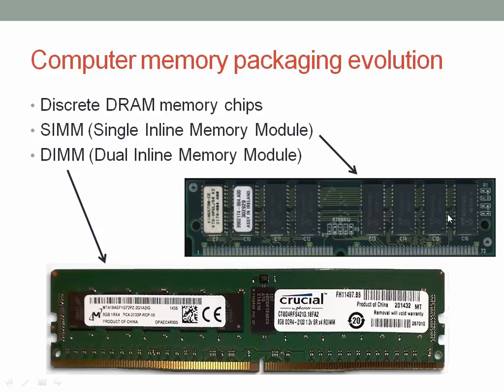The idea here is the DRAM chips are soldered onto a PCB, and that PCB is plugged into the motherboard connector. But the disadvantage here was it had only a 32-bit data bus, but the newer processors had 64 bits, so it was not compatible with that, and 2 SIMM modules would have to be used together to get 64 bits.